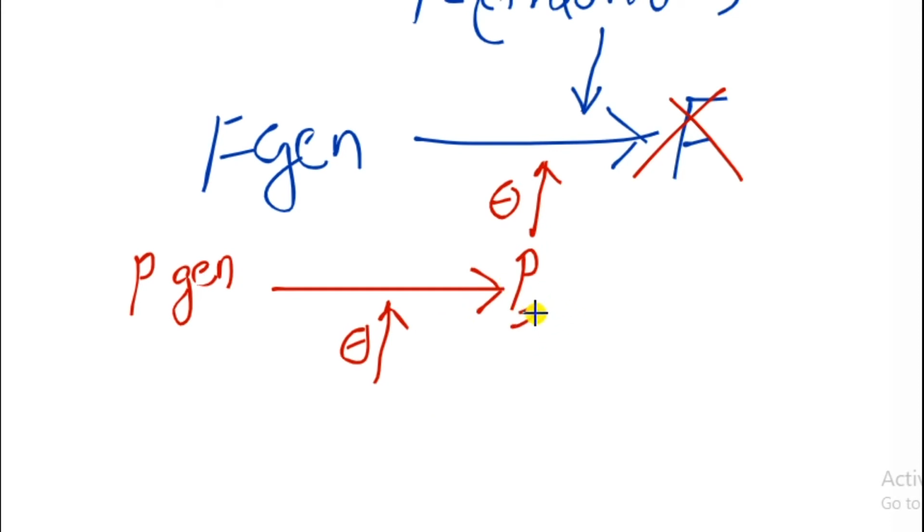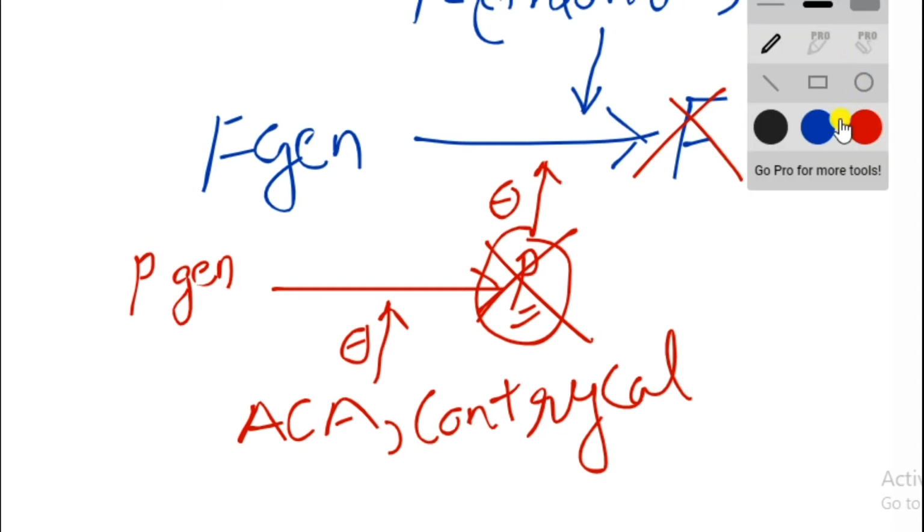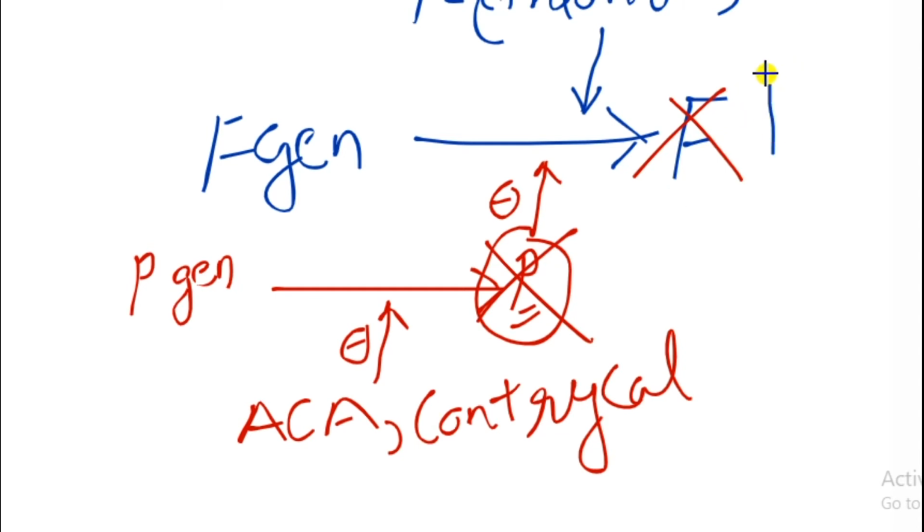Plasmin is a natural fibrinolytic, so aminocaproic acid and Contrykal inhibit this pathway, so plasmin will not be produced. So we can establish fibrin here. It promotes clotting.